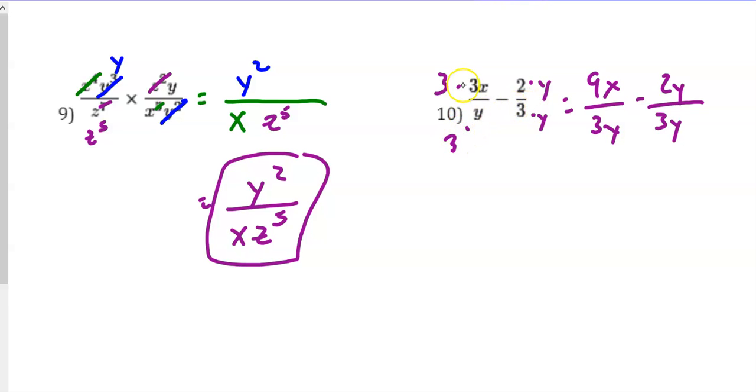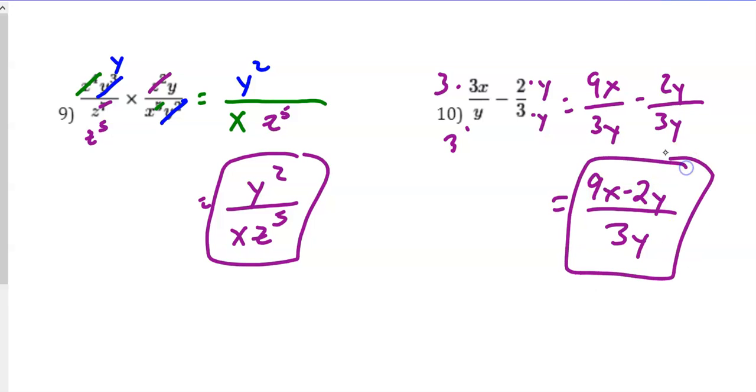So I had to multiply this top and bottom by 3. Top and bottom here by y. So I got 9x over 3y minus 2y over 3y. So denominators are going to be the same. 3y will be the denominator. Again, not like terms. So I simply have a binomial or a polynomial in the numerator.